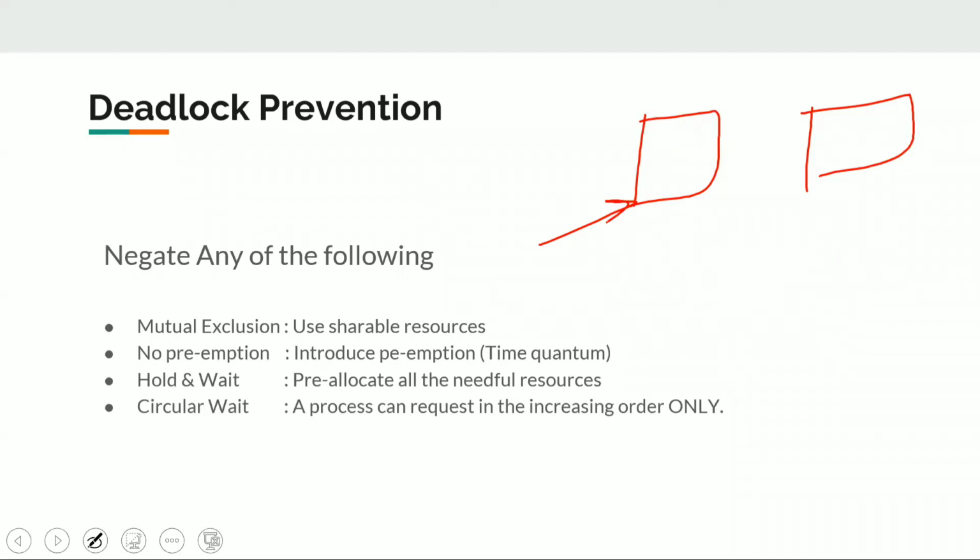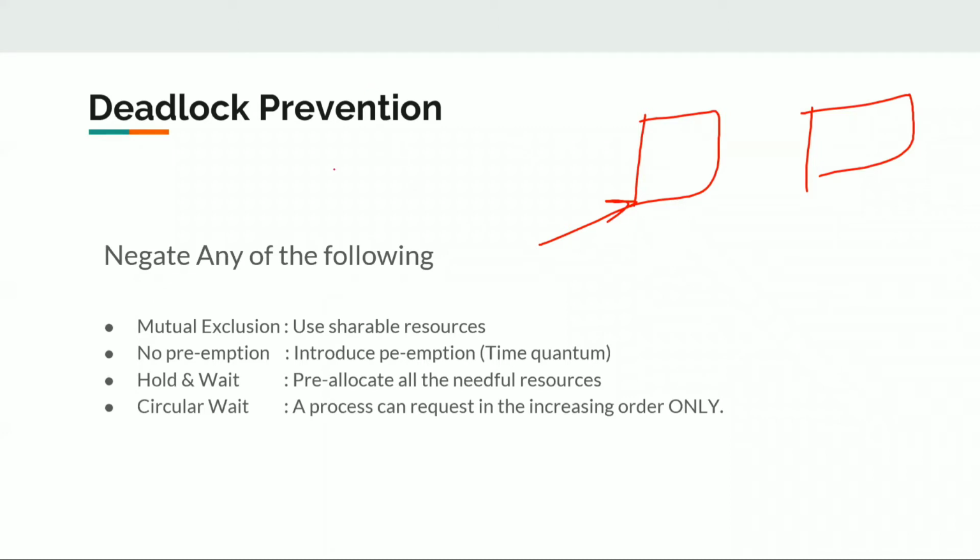If we just preempt P1, it will be sent back to the ready queue, remembering its state, and resource R1 will be taken back from process 1. That means process 2 will get executed, and after the execution of process 2, process 1 will be executed. So this is all about no preemption.